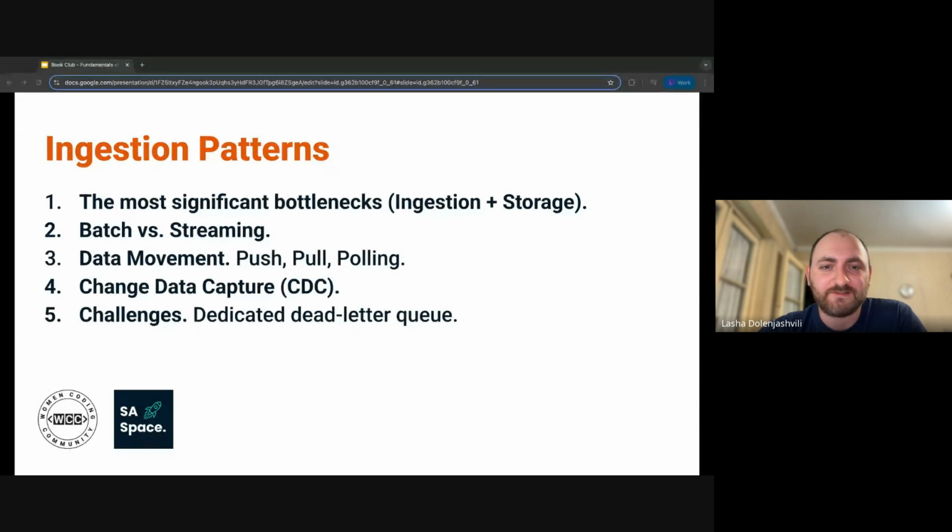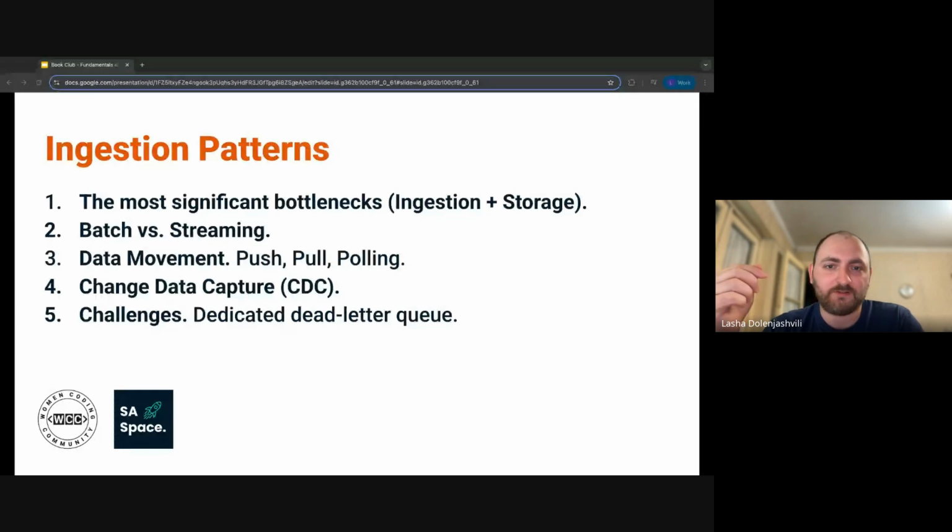Next, let me define some concepts of how data starts moving from a source system. We can have push, pull, and polling patterns. Push is when the source system actively sends data to us. So whenever something changes in the source system, it sends the events to our data storage.